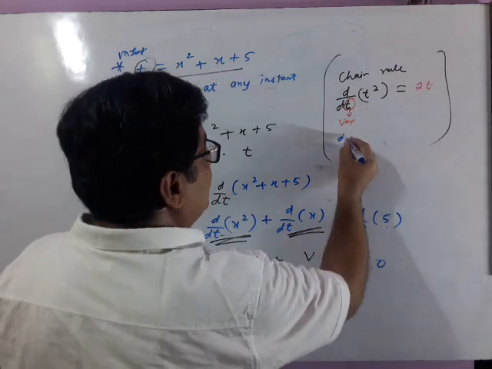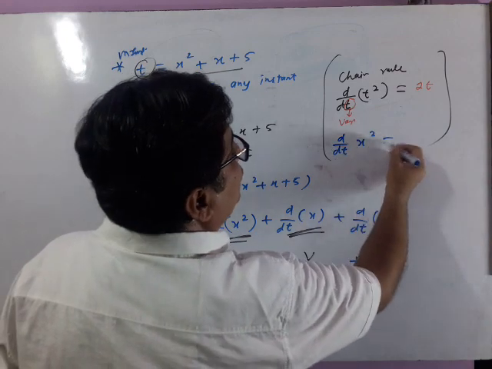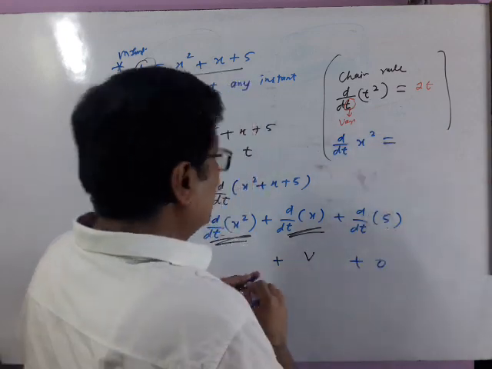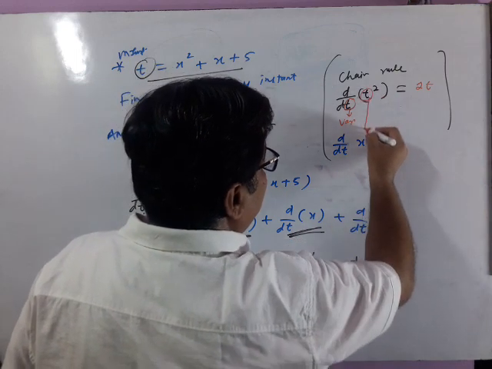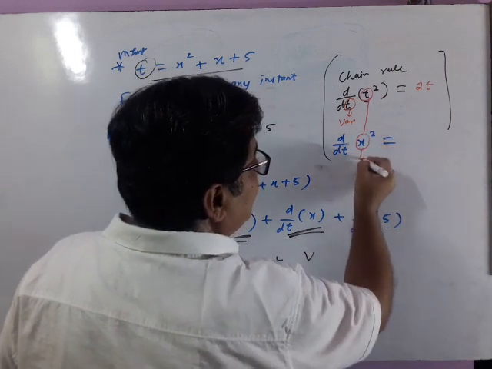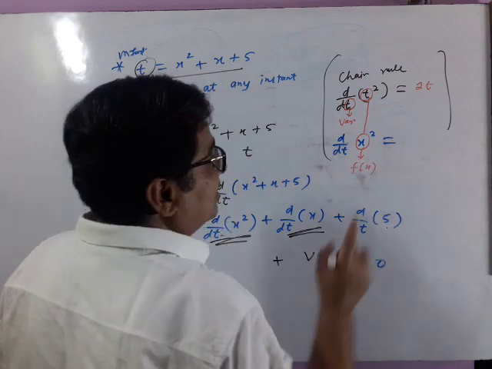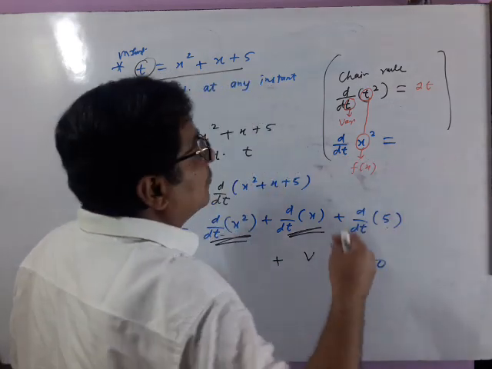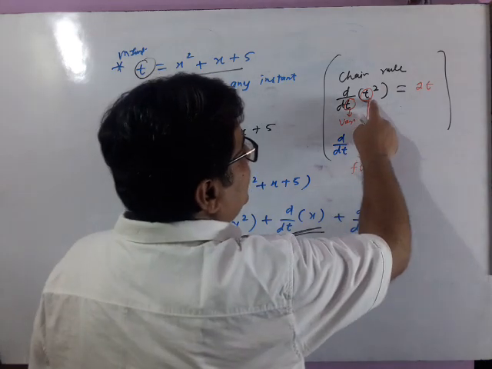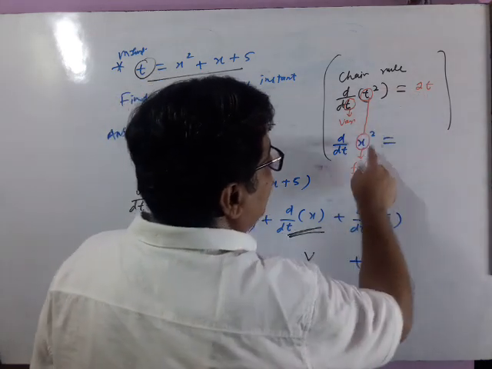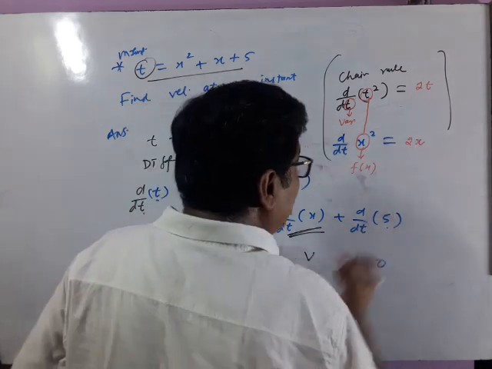Now our question is d by dt of x square. Now focus what is written in place of t. That is x. This is called a function of x. Step number 1, step number 2: apply the ordinary differentiation formula. Like differentiation of t square is 2t. Differentiation of x square is 2x.